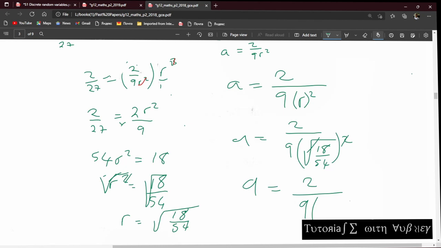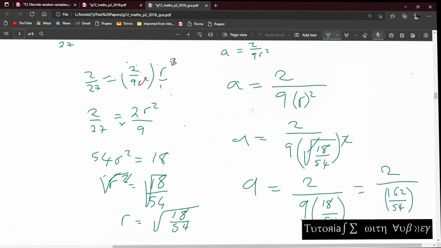We're going to have 18 over 54. Again here this is 9 over 1, so you multiply 9 times 18, then 54 times 1. So this will be equal to 2 over 9 times 18 over 54, which is 162 over 54.